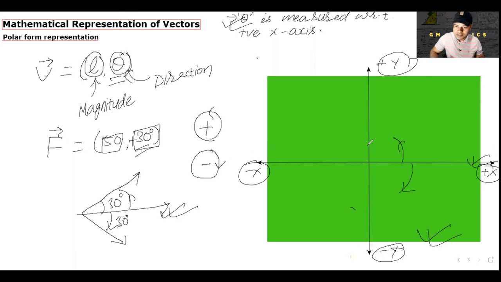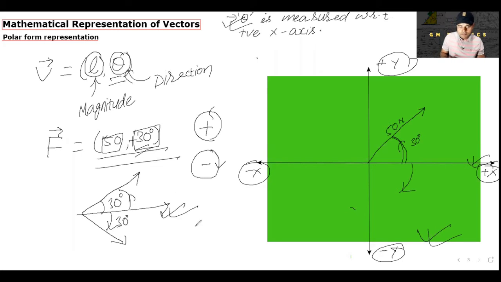Means if it is given plus 30°, then you have to go 30° anti-clockwise. Then you have to draw this arrow, which will represent this vector, and it's of magnitude 50 units. So here it is 50 Newton oriented at an angle of 30°. So for this one, this is the representation.